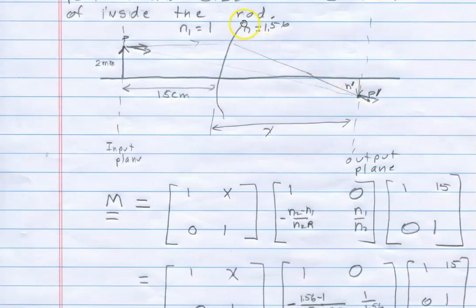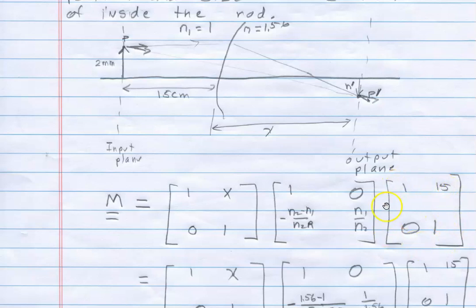And notice here the element is this spherical interface between two dissimilar indices of refraction media. I've got a translation to get to that point. I get from one side to the other of it with a refraction matrix, and then I get another translation. So I need to form the transfer matrix from my input plane all the way to my output plane. And I really have three elements: a translation, a refraction, and then another translation.